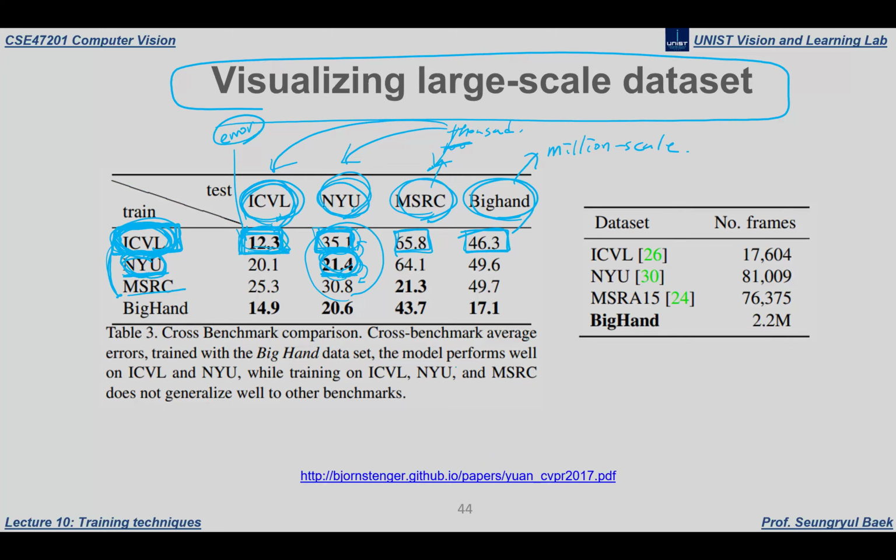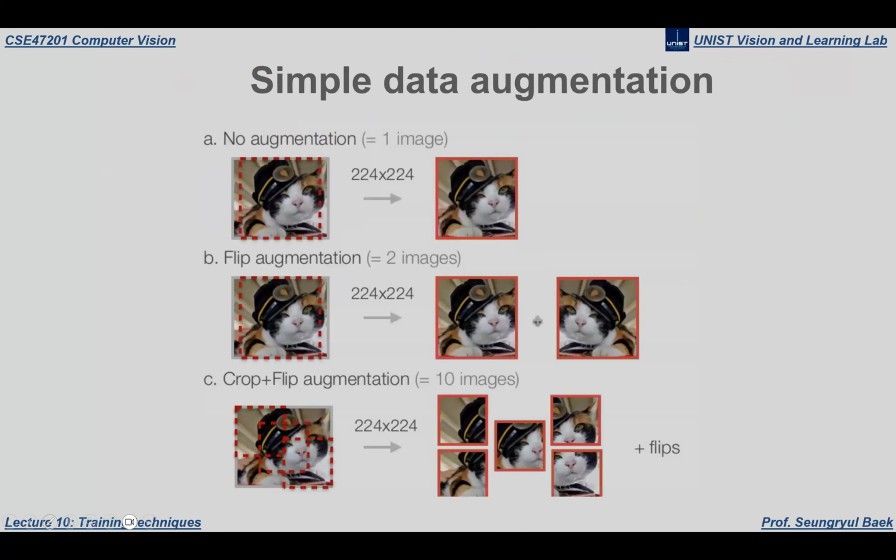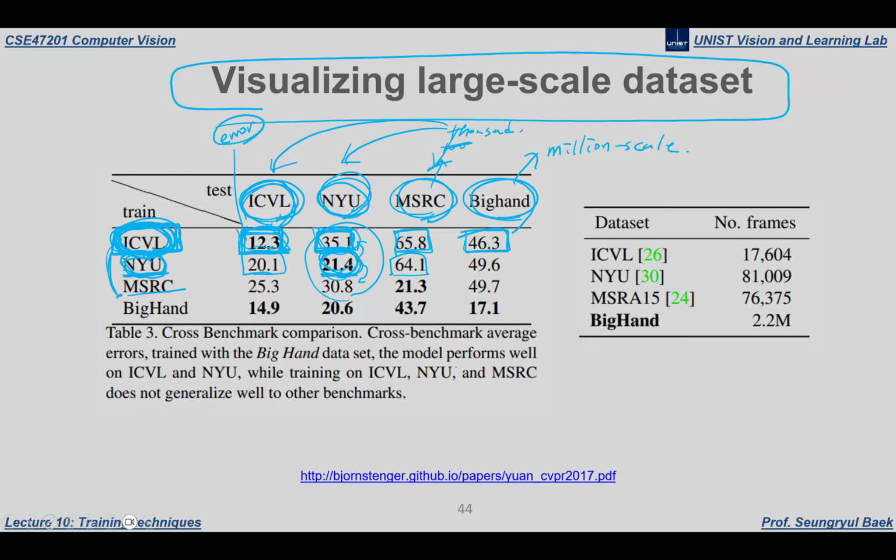But when testing on other small scale benchmarks, their error becomes higher. That is actually the problem in small scale data. The same trend can be seen in MSRC, which is small scale data.